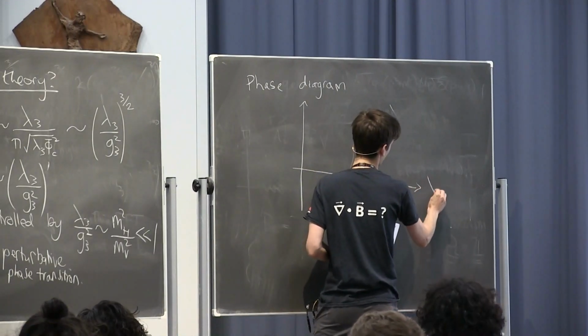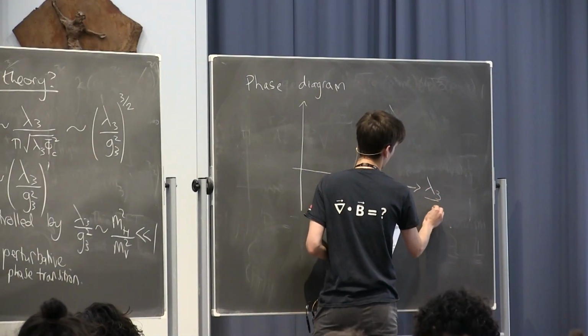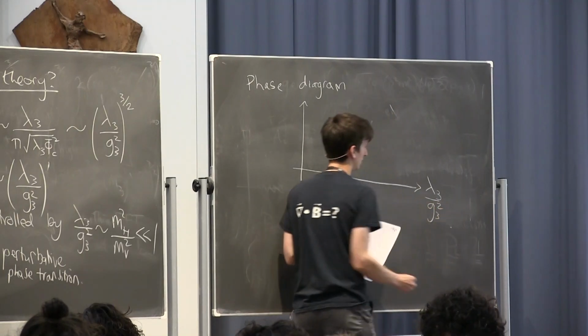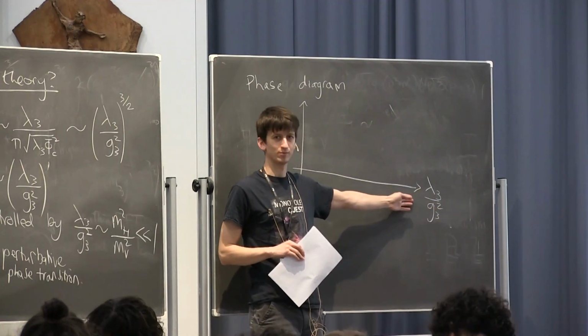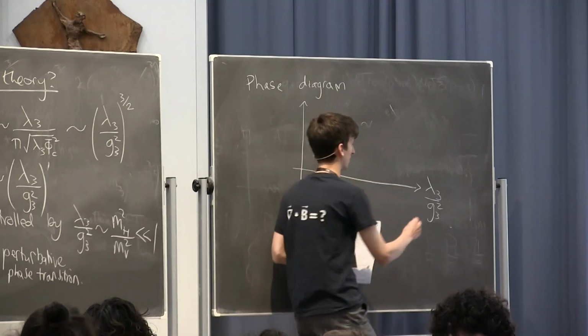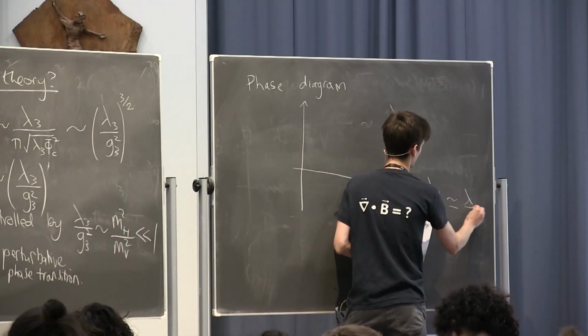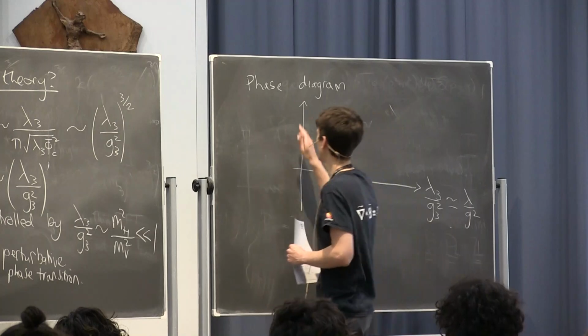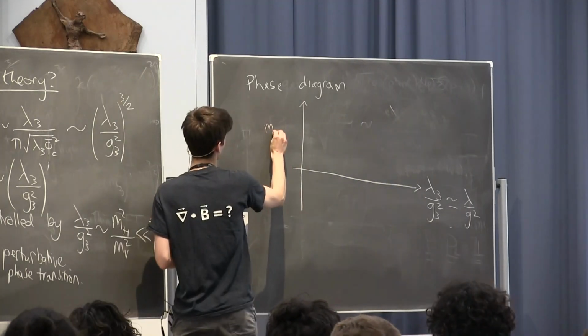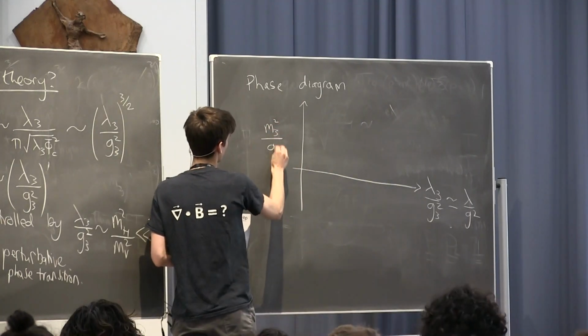And it turns out that this is the important parameter to plot things with respect to, and this is roughly speaking lambda on g squared. And on the y-axis I want some kind of temperature variable, something that changes with temperature.